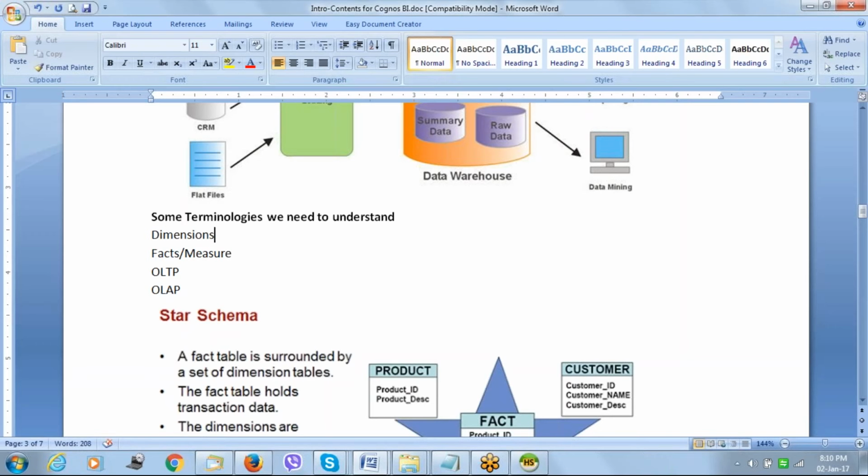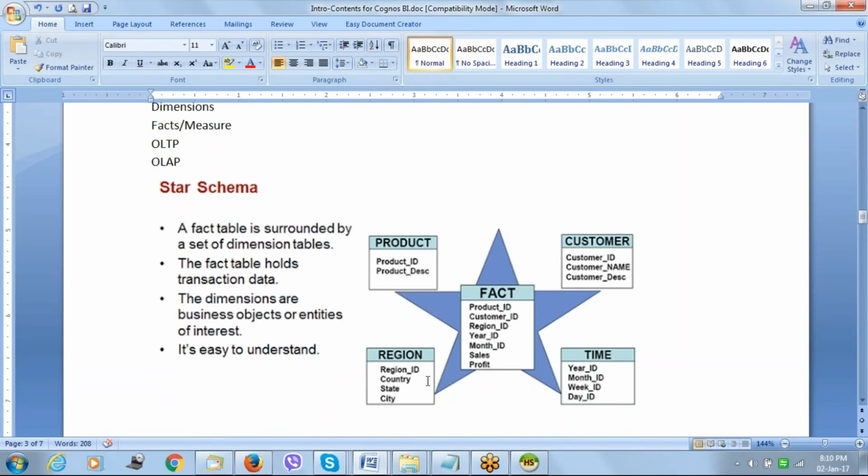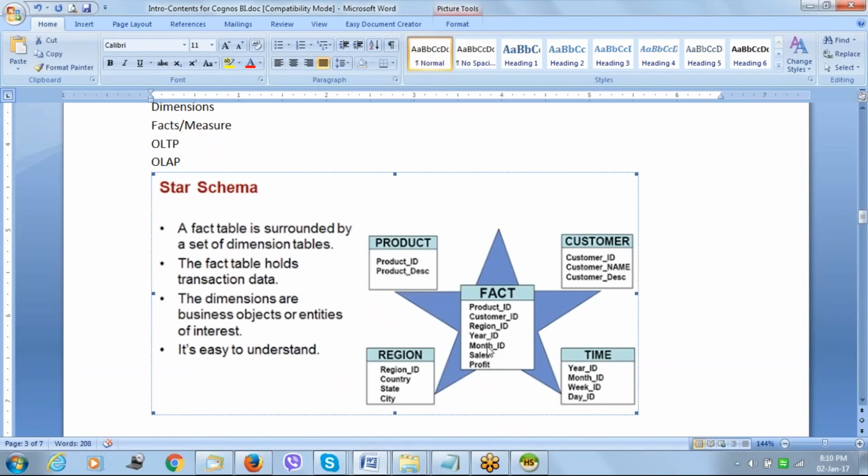For example, this product. When we see the star schema, we can see the fact. The fact is sales and profit. What is the dimension? Product. For this product, what is the revenue generated? For the first quarter of the year, what is the revenue generated? That is a time dimension.